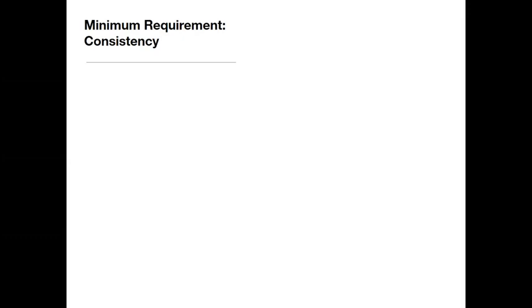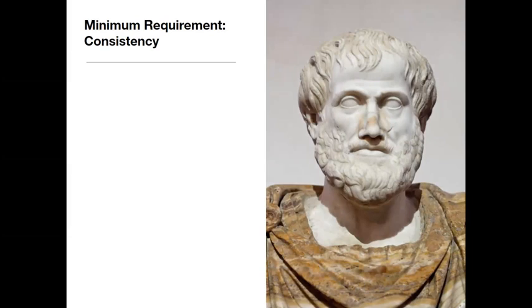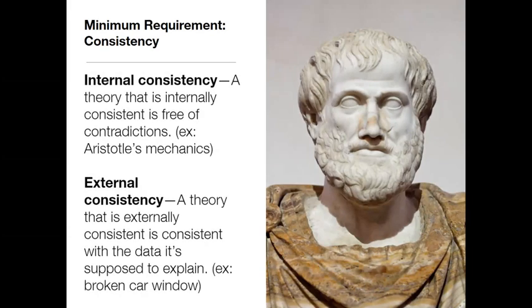So here are the criteria that is in our textbook. Consistency. Let's start with consistency. So that's a bust of Aristotle. And one thing that certainly relates to conspiracy theories is this discussion of internal and external consistency. So a theory or explanation is internally consistent when it is free of contradictions.